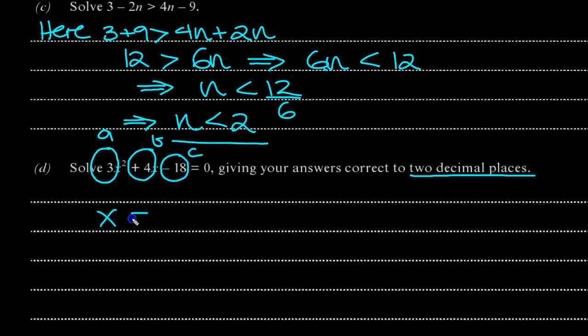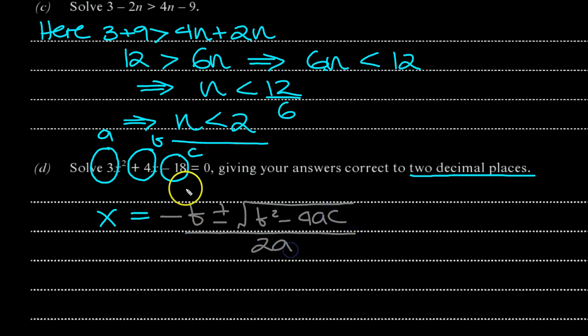And x equals, let's write it down then. It's minus b plus or minus the square root of b squared minus 4ac all over 2a. Now our a value is 3, so let's put that in. I'm going to overwrite it here and here.